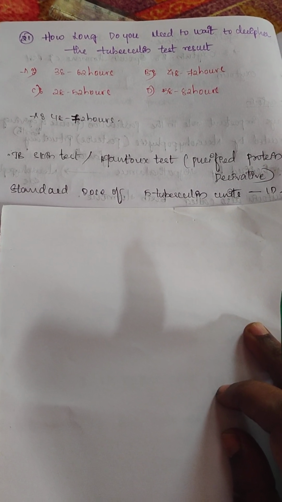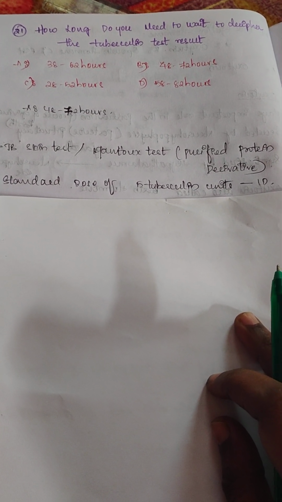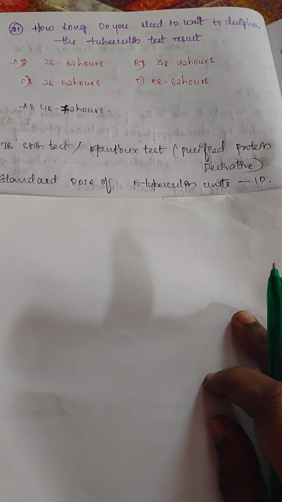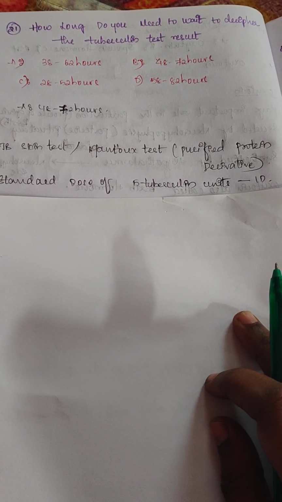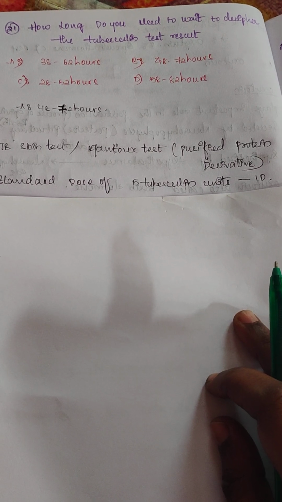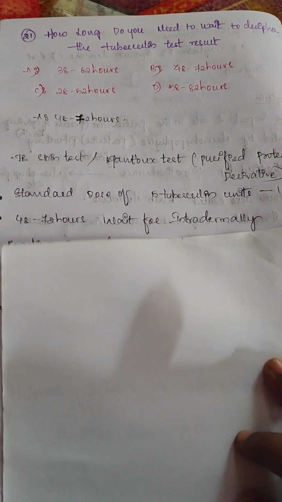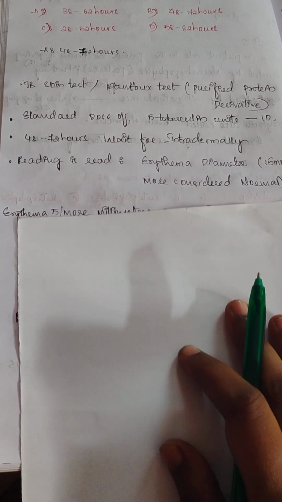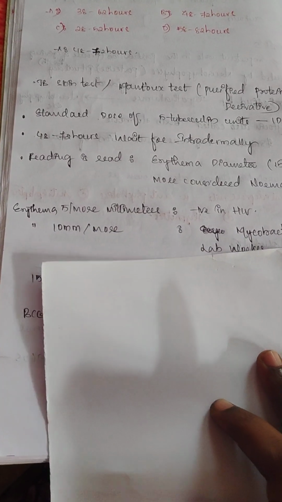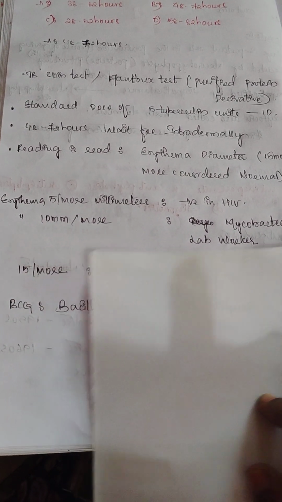Here the dose of this tuberculin test is 5 tuberculin units inserted intradermally, and after 48 to 72 hours we should check the result. And here you can see the diameter of erythema formation.